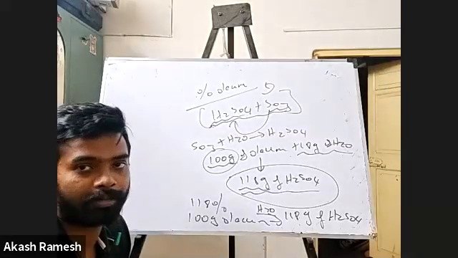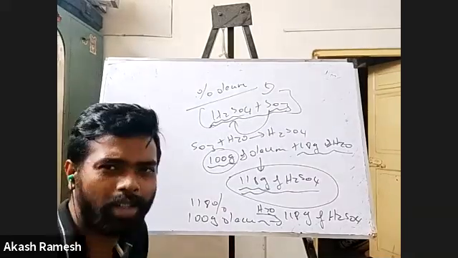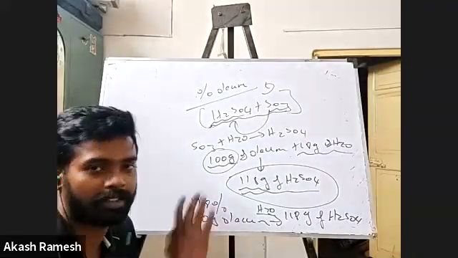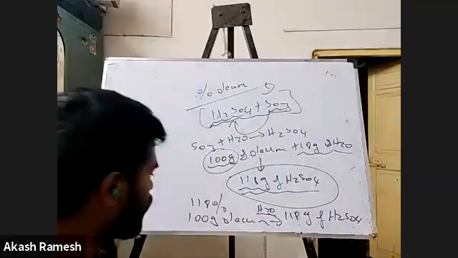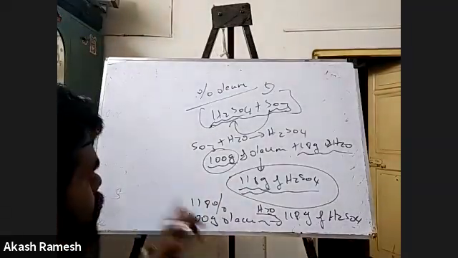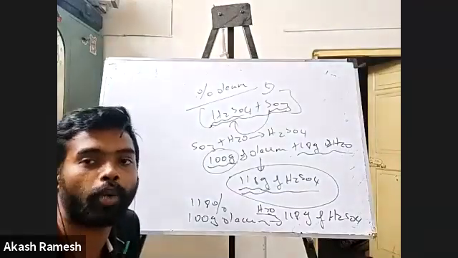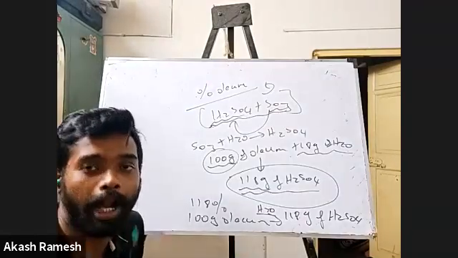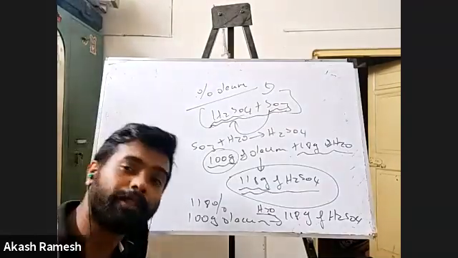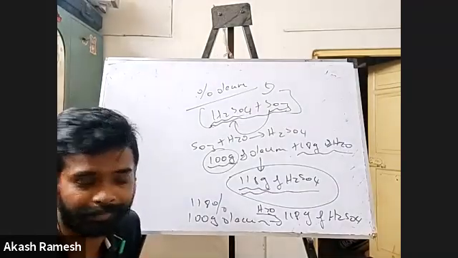That's what you need to understand. Questions coming from this are very, very rare, but still, knowing it is just for your safer side. If I say 118 percentage oleum, that means for 100 grams of oleum, I will be getting 118 grams of H2SO4. If I tell you 124 percentage oleum, that means for 100 grams of oleum, I would have gotten 124 grams of H2SO4. That's what it means.